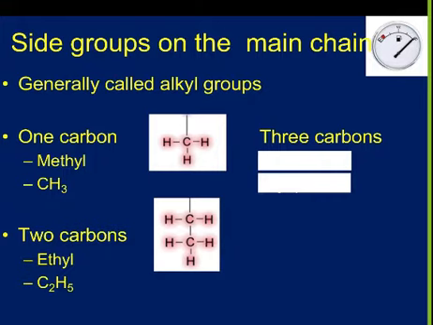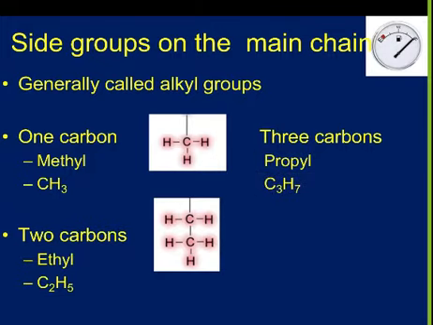So you got to think monkeys eat purple. What's the 3? Propane. Propyl. So if you had a 3 carbon side group, it would be propyl, and it will be 1, 2, 3, and you fill everything else.